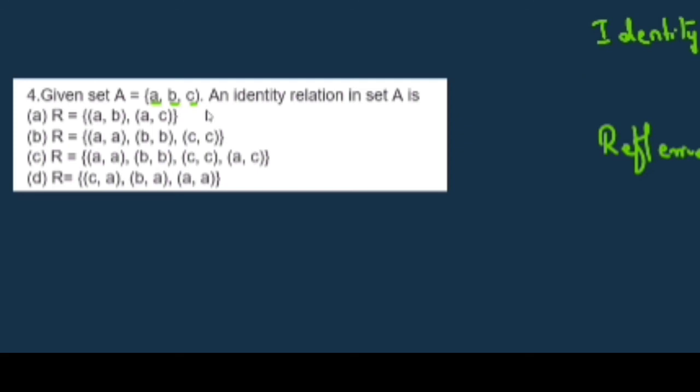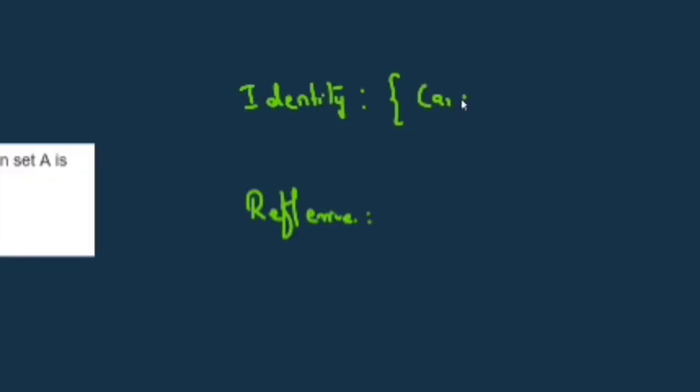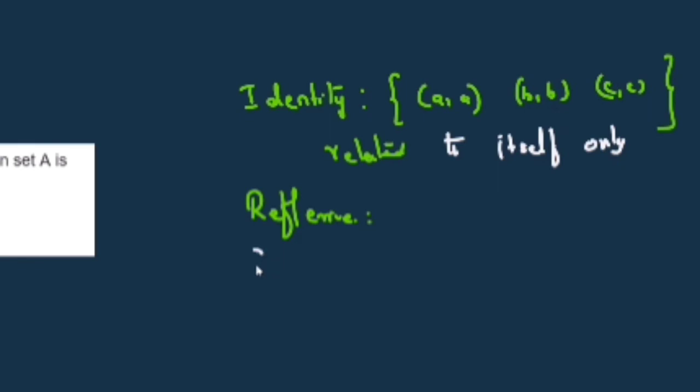For example, the identity relation is AA, BB, CC. Nothing else should be there. Every element is related to itself only. Reflexive, this should be there. It is related to itself and it can be related to some other element also. This is reflexive.